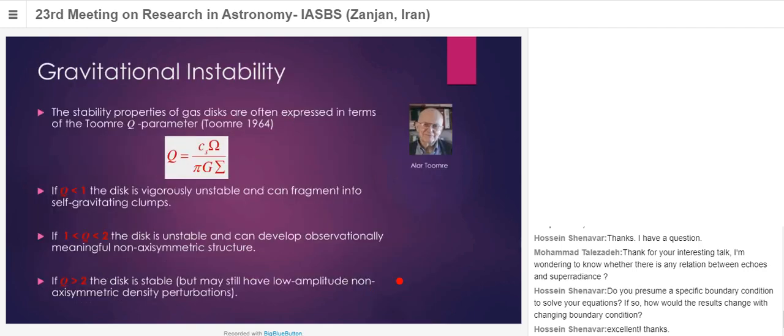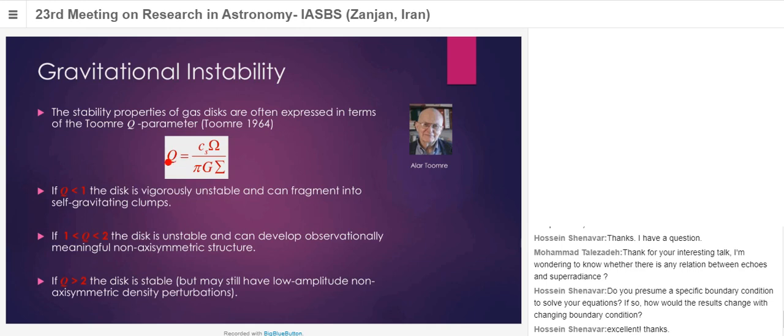So we can understand the formation of these clumps through the so-called Toomre Q parameter, named after Alar Toomre, who developed the linear theory of stability of rotating disks. And so the very interesting point is that this Q parameter, which is a dimensionless number that comes out of linear theory, tells you that if Q is less than 1, the disk becomes unstable.